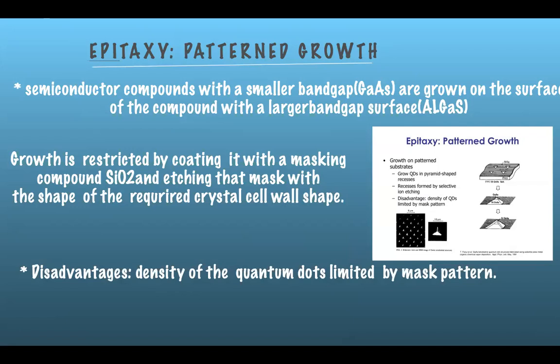The growth is restricted by coating it with a masking compound, silicon dioxide, and etching that mask with the space of the required crystal cell and shape. The disadvantage is that the density of quantum dots is limited by the mask pattern only. Here you can see the picture of pattern growth by stages.